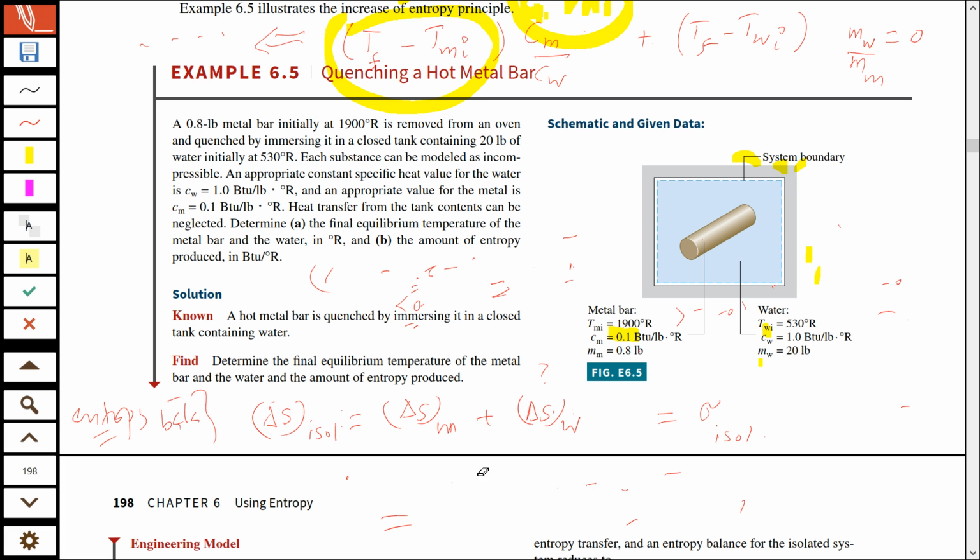Because entropy is an extensive property, the change in entropy dS will be mass times the change in specific entropy, small s. This is small s, and that is large S. And again, I need to do this for dS metal, and I need to do this for dS water.